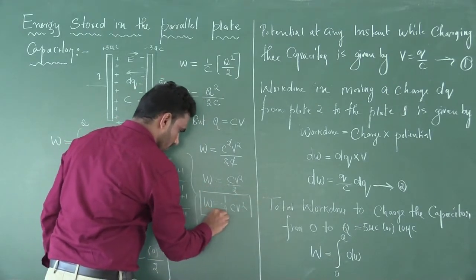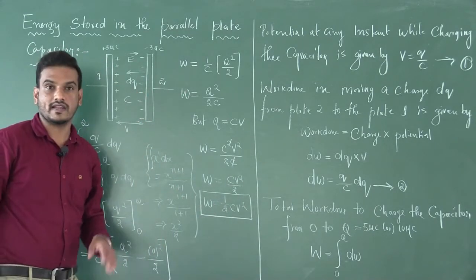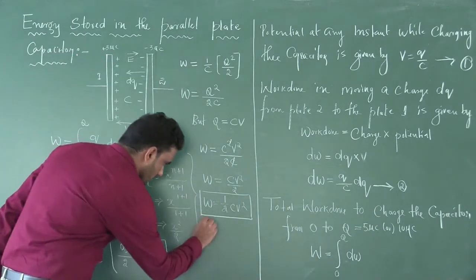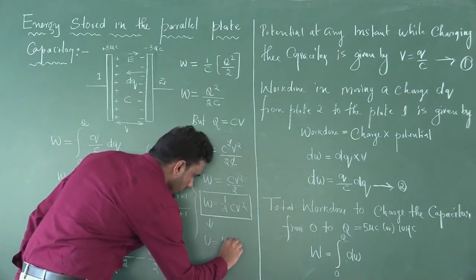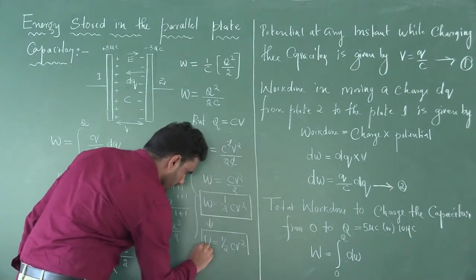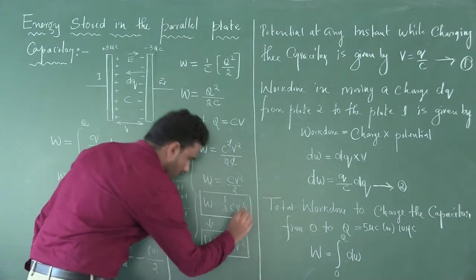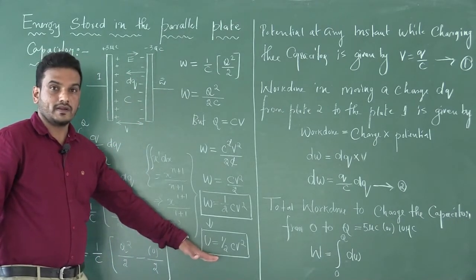So this work done is stored in the capacitor as electric potential energy. So for that I can write U is equal to half CV square. So this is the expression for energy stored in the parallel plate capacitor.